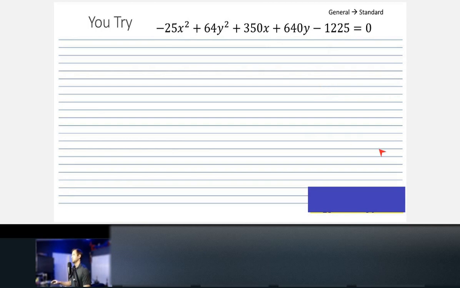All right, what is the final answer to this? We're all done. What's the final answer? Oh, Brady. Brady, I would mark yours wrong. Brady, is yours in the form of a hyperbola for standard form?